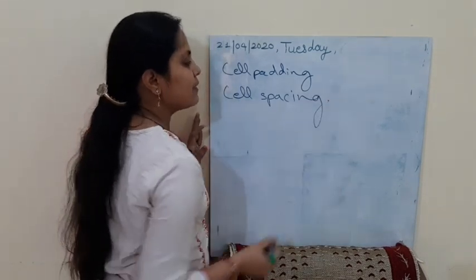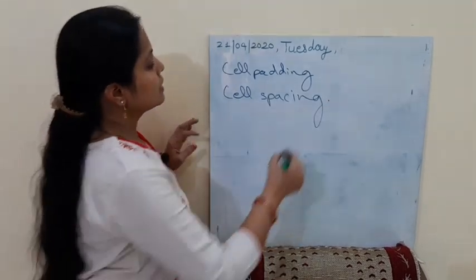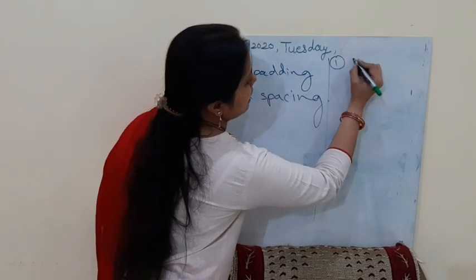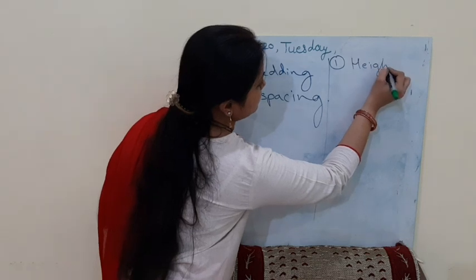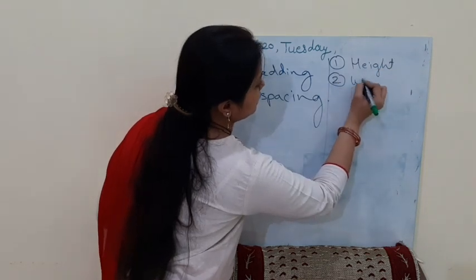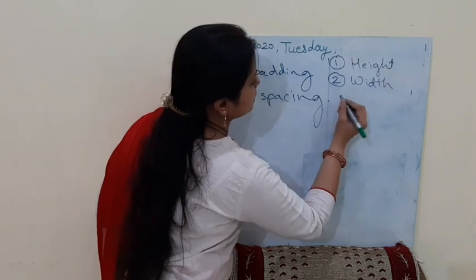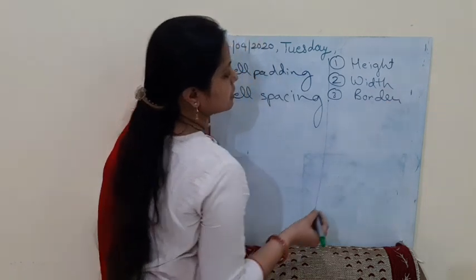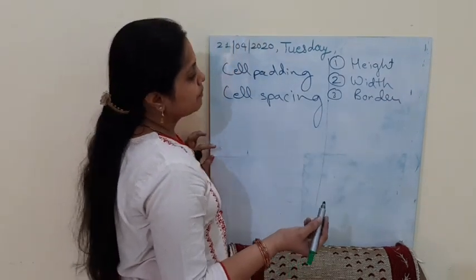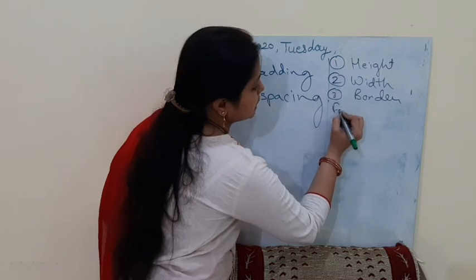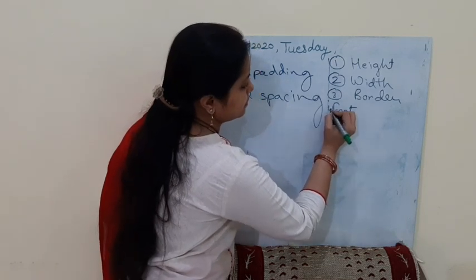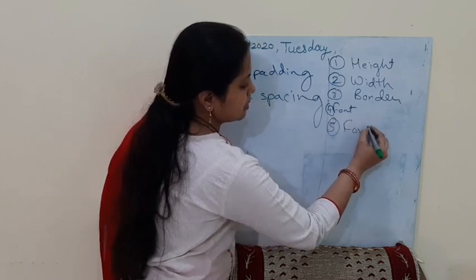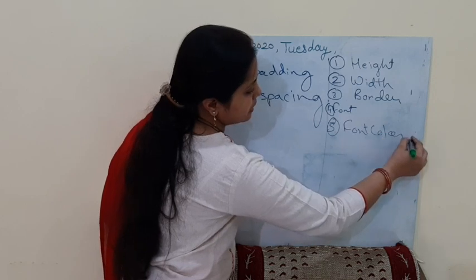When I am talking about a table, there are a number of attributes: the height of the table, then width, then border, then font, colors, and many different things can be applied.